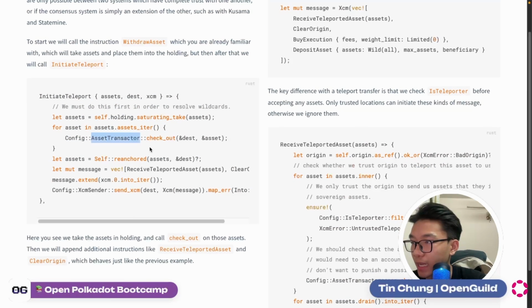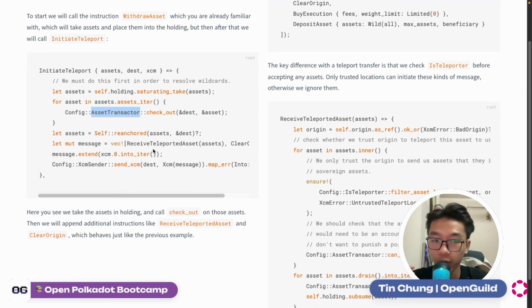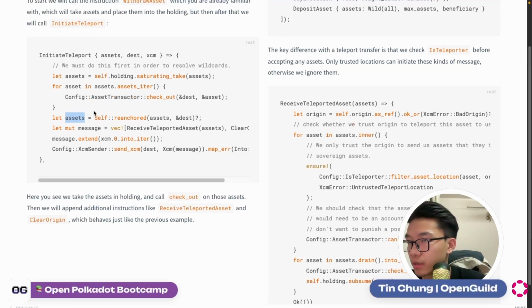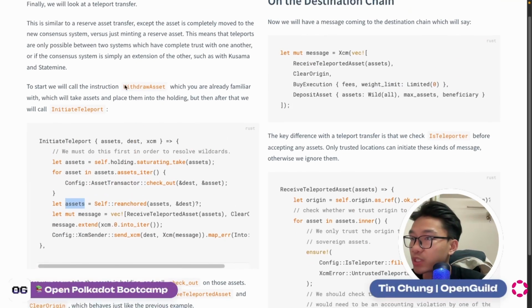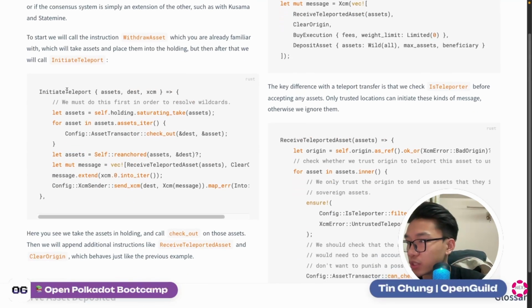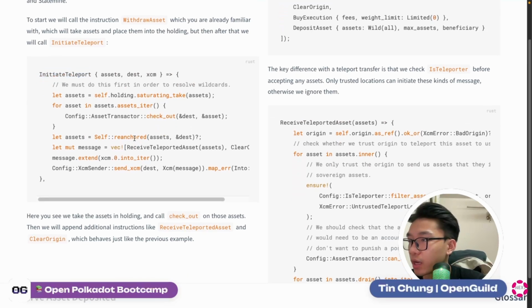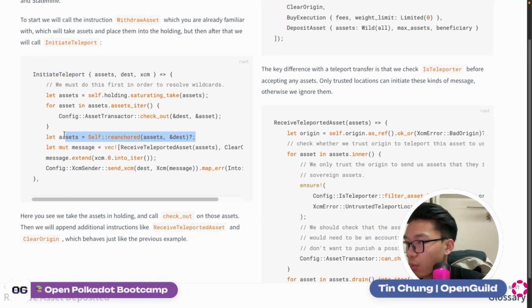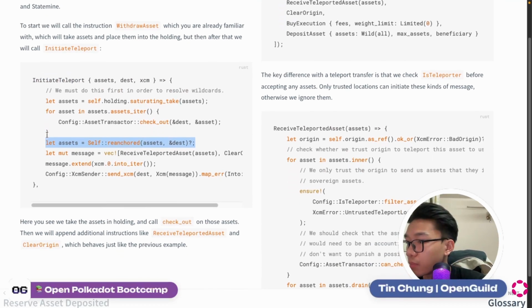We're gonna learn about the asset transactor later when we visit the XCM executor sections. We already take the asset out of circulation because withdraw asset is called before this initiate teleport. There's a re-anchor method here. I don't know what this re-anchor method is gonna do, but we're gonna learn that later.